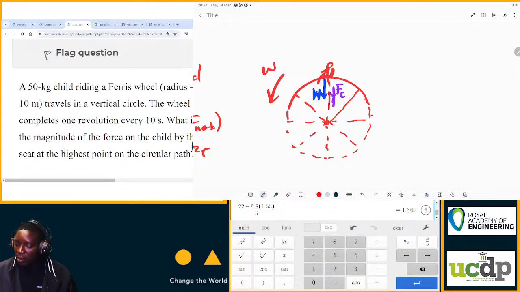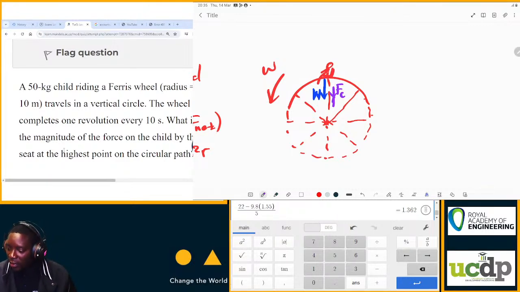And we can think of the normal, depending on what is keeping the child within that loop. We could have our normal in the upward direction, or the normal could be in the downward direction due to the belt that holds the child to prevent the child from being thrown off the wheel tangentially.